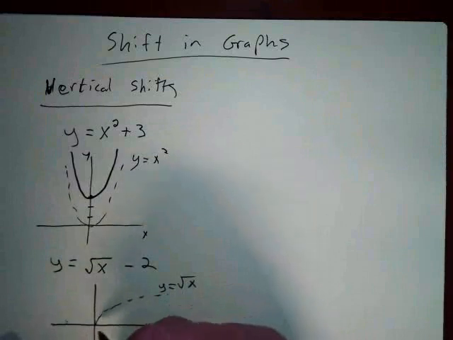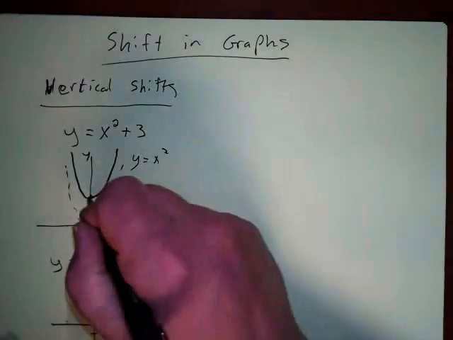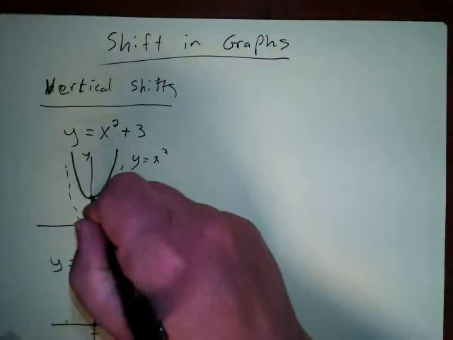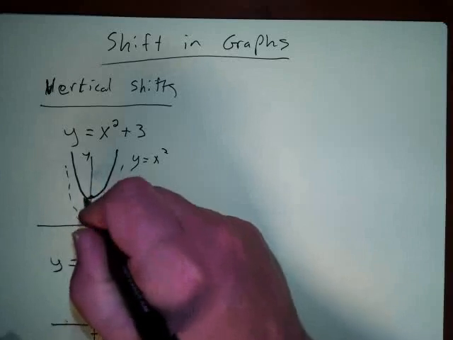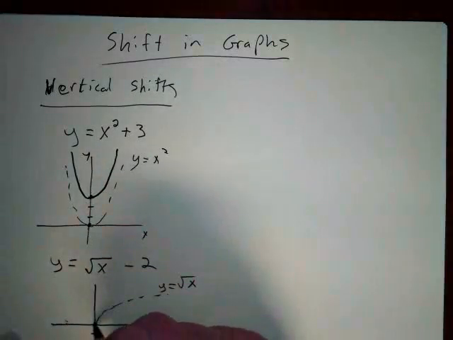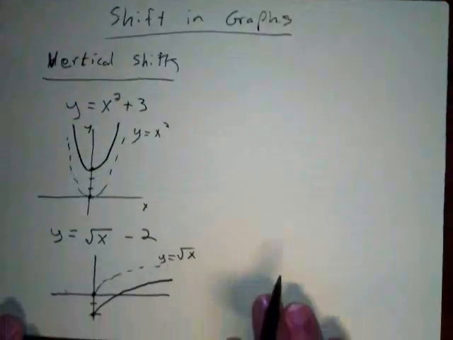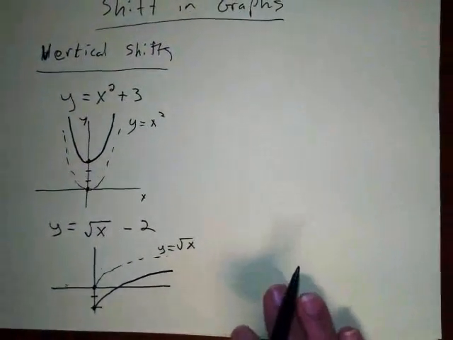Each one of these ordered pairs is going to move down 2 spots. So I think of this as being the vertex, and I'm thinking of the new spot that it's going to move to. Well, this is kind of the reference point on this graph, and it's going to move down. So it'll move down like that. So it's just shifting the whole graph down.